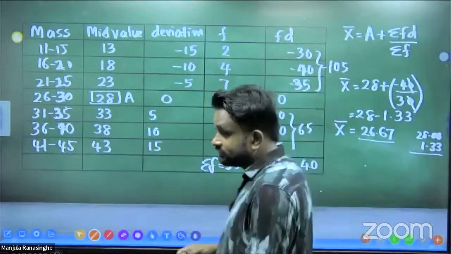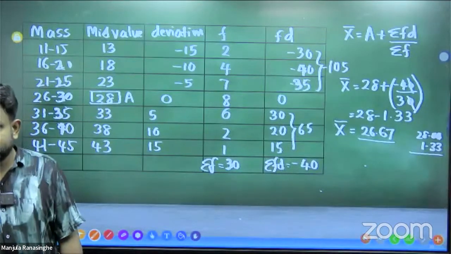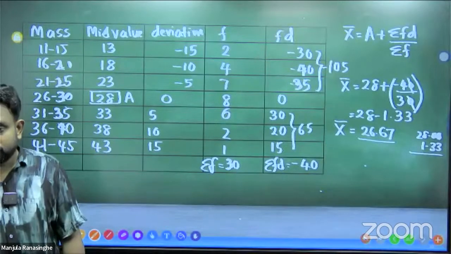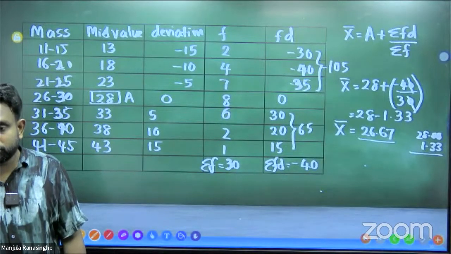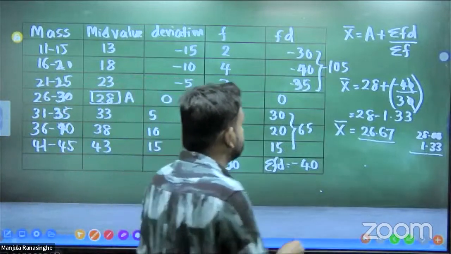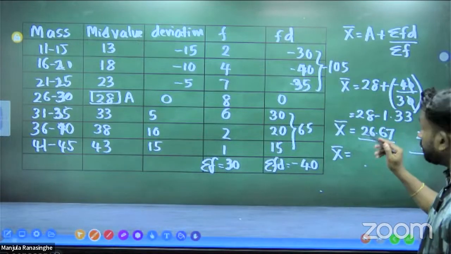Hands up those who got this answer, 26.67. Or any other answers? Right, find the mass of the fish to the nearest kilogram. Nearest kilogram is asked, so how to calculate to the nearest kilogram? Here 26.67.